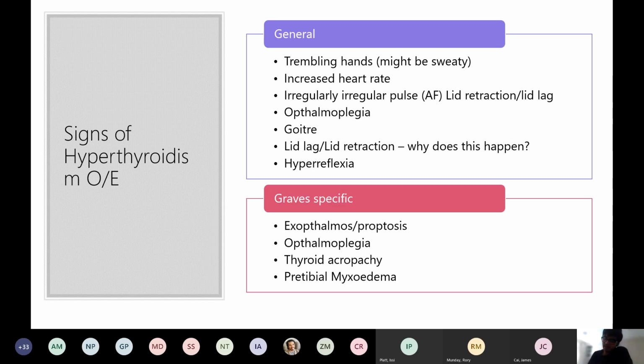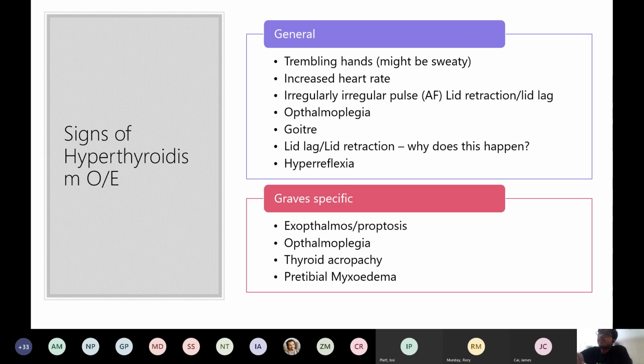But effectively, with hyperthyroidism, you basically cause the effects of having a massive adrenaline rush. Remember that the muscle that lifts up your eyelid is mediated by the sympathetic. So if you have sympathetic overstimulation, it's always going to be trying to pull your eyelid upwards. So when you test lid lag, you want them to close their eyelids. That sympathetic muscle is going to be overactive and pulling it back up. That's why you get lid lag in hyperthyroidism.